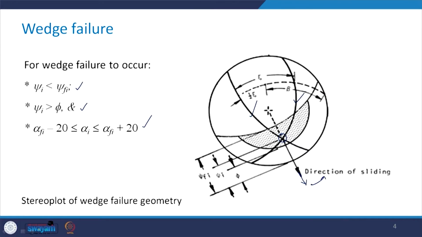This is a friction circle that has been represented by this angular distance from the outer circumference, shown here as angle phi. The dip of the line of intersection has been shown by this angle psi i, and this angular distance is psi f. This is how all three conditions have to be satisfied for the wedge failure to occur.